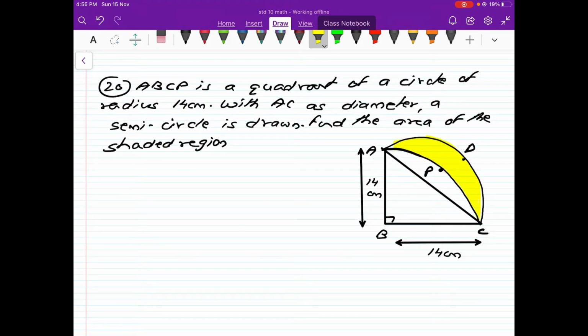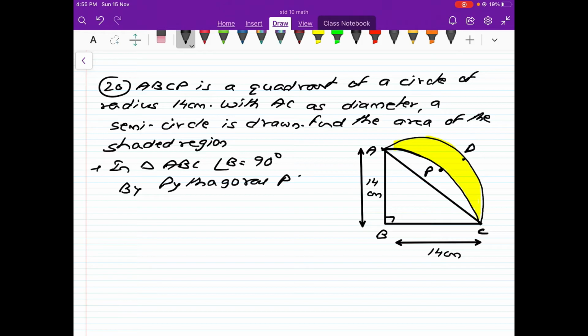So APCB is a quadrant of a circle of radius 14 centimeters with AC as diameter. A semicircle is drawn. You have to find the area of the shaded region. So we will say in triangle ABC, angle B is 90 degrees. So we will apply the Pythagoras theorem, or we can also say this Pythagoras property.